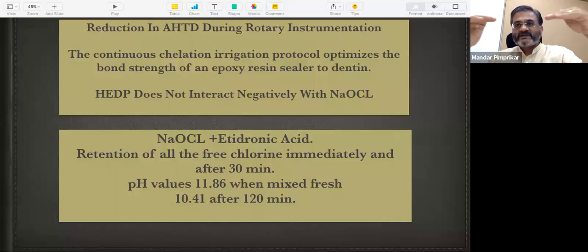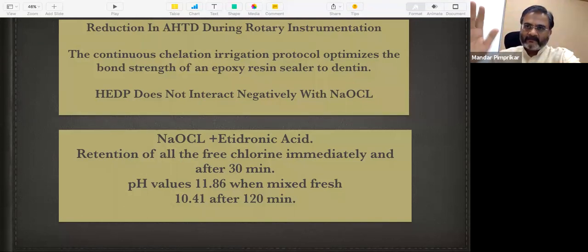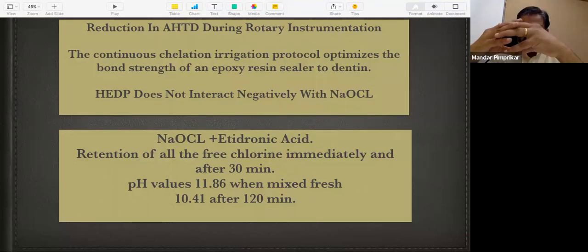So in the traditional irrigation protocol, we let the smear layer build first and then try to remove it with liquid EDTA. Being a blind procedure, we are not sure whether the whole of the smear layer has been completely removed or not. In continuous chelation, what happens? Since you are using 2 reagents in one, the etidronic acid, which is a mild chelating agent, does not allow the smear layer to form at all.